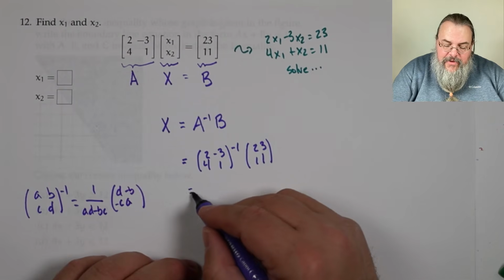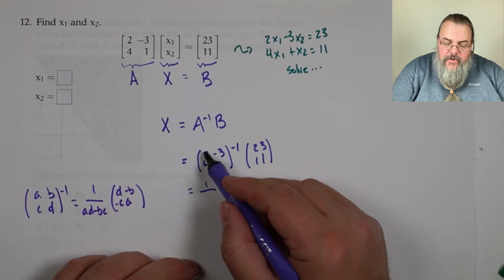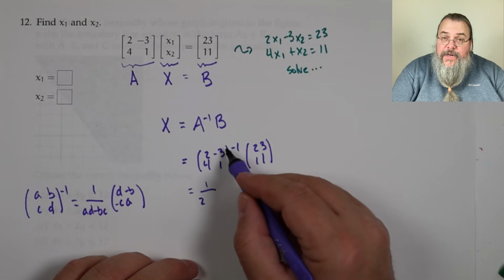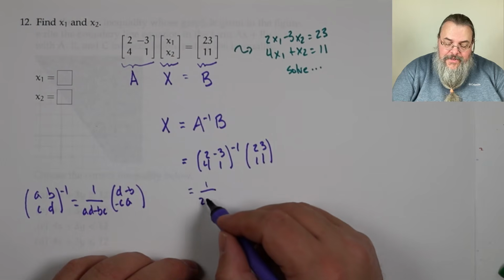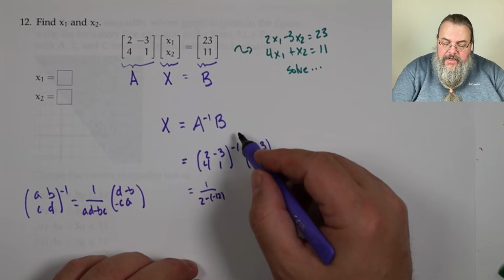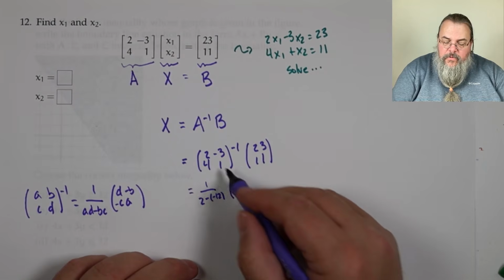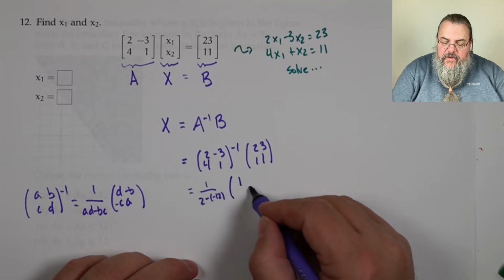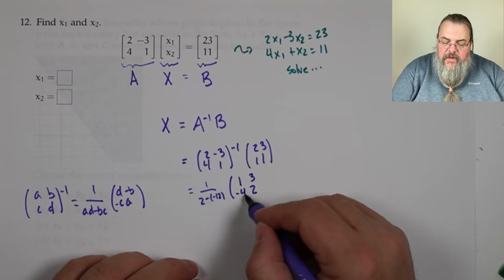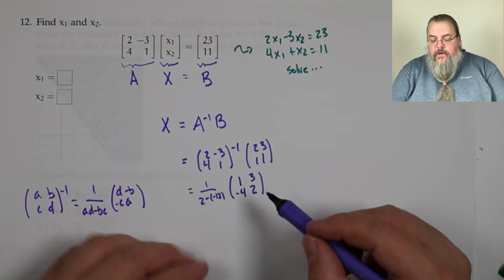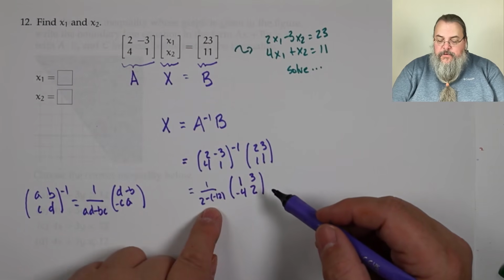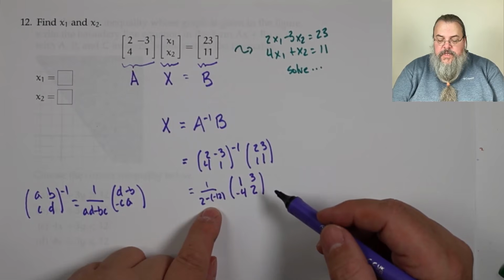So according to this, it's 1 over 2 subtract minus 12. Okay? Down, subtract up. Swap the diagonals, flip the signs on the off diagonals. And you can carry out and check what happens if you multiply these two together and then divide by 14, because that's what you have there, is you have 14.